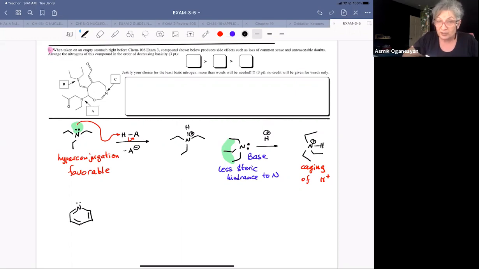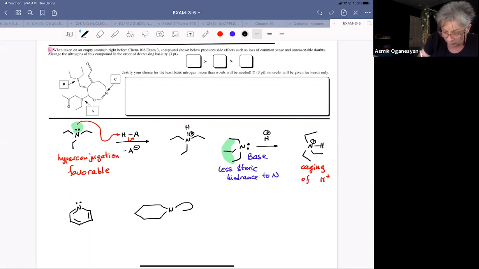We've learned already that the lone pair of electrons on nitrogen does not reside in the resonance delocalized circle within the 6-membered ring. So if we draw this compound sideways, the lone pair of electrons is residing on an sp2 hybridized orbital, and it's not a part of the resonance delocalization.